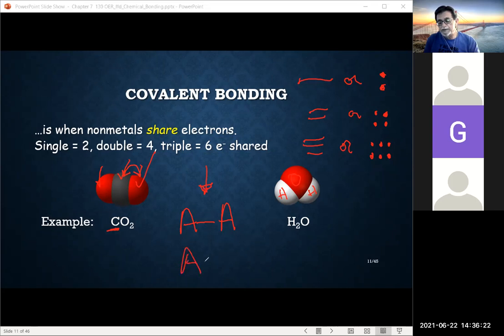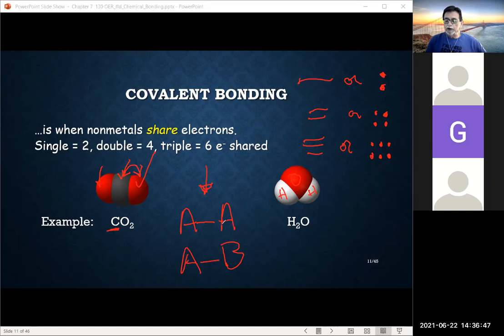If I replace one of those letters with the letter B, now I have a totally different element. That results in an unequal sharing of that bond, because one of these elements, A or B, is going to have a stronger electronegativity.